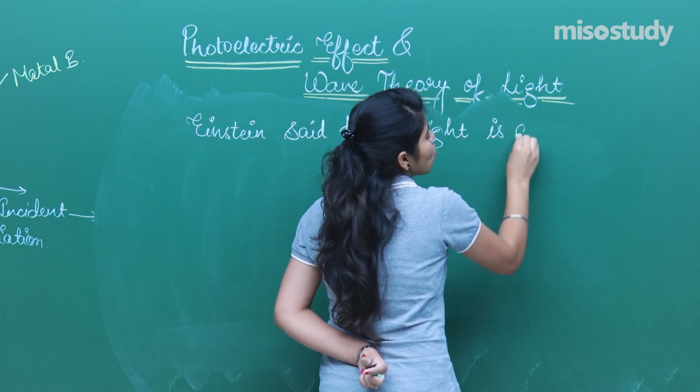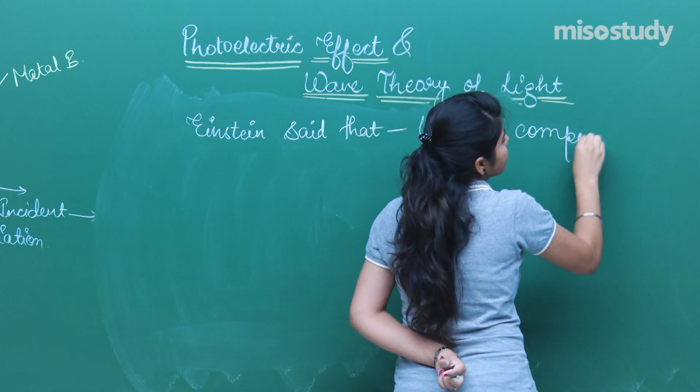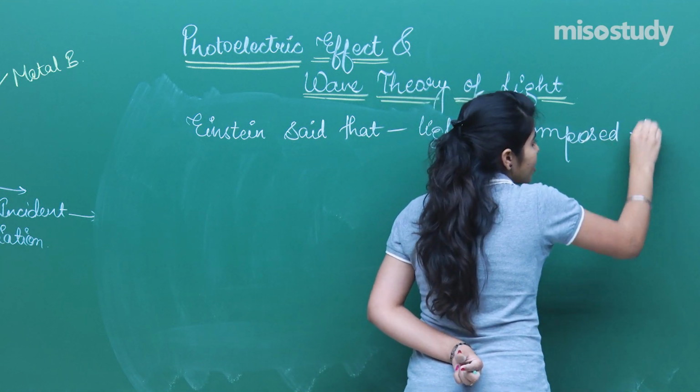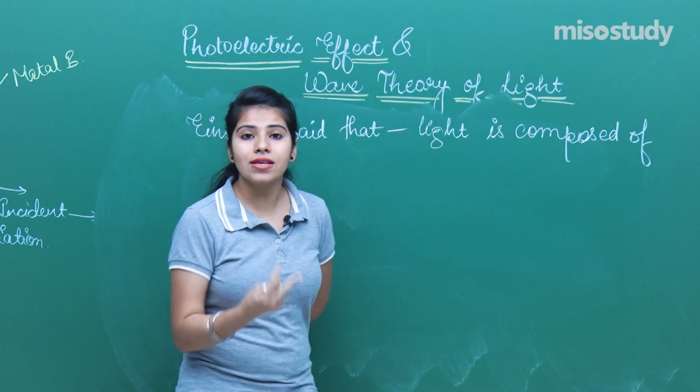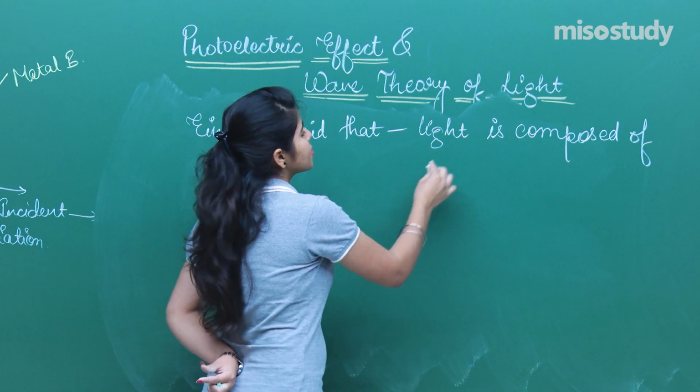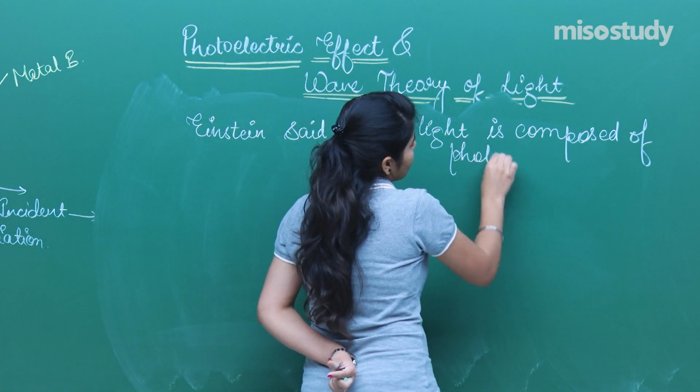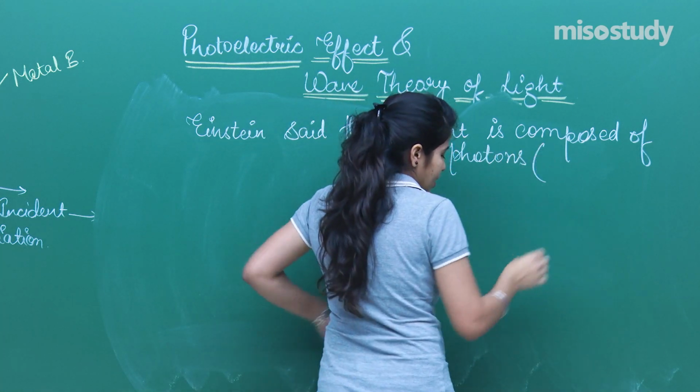This was a very important conclusion because it showed that light has another nature as well. Light has dual nature. So light is composed of photons. These are small packets of energy.